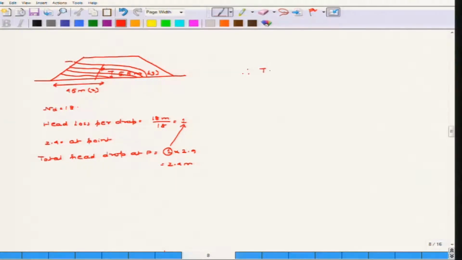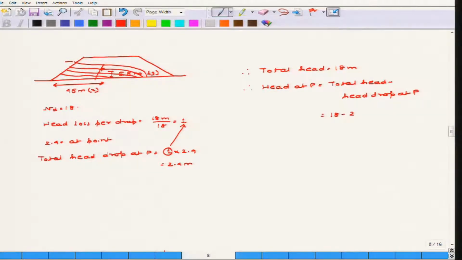The total head is 18 meter. Head at P will be equivalent to total head minus head drop at P. So, that is 18 minus 2.4 meter, which is 15.6 meter.